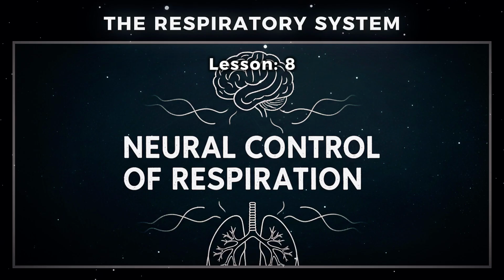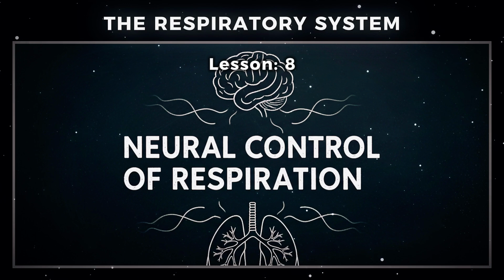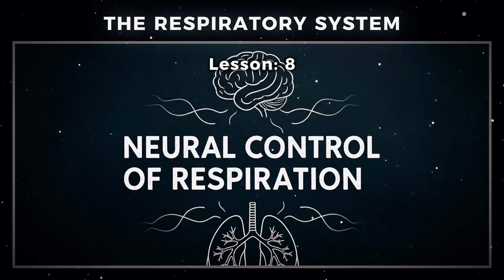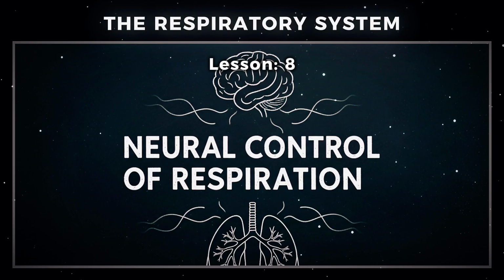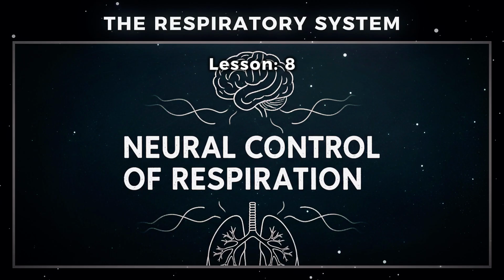It is a biological safety valve that prevents the lungs from being overdistended. It's a beautiful example of how the organ being moved, the lung, has a direct say in how the mover, the brain, behaves.